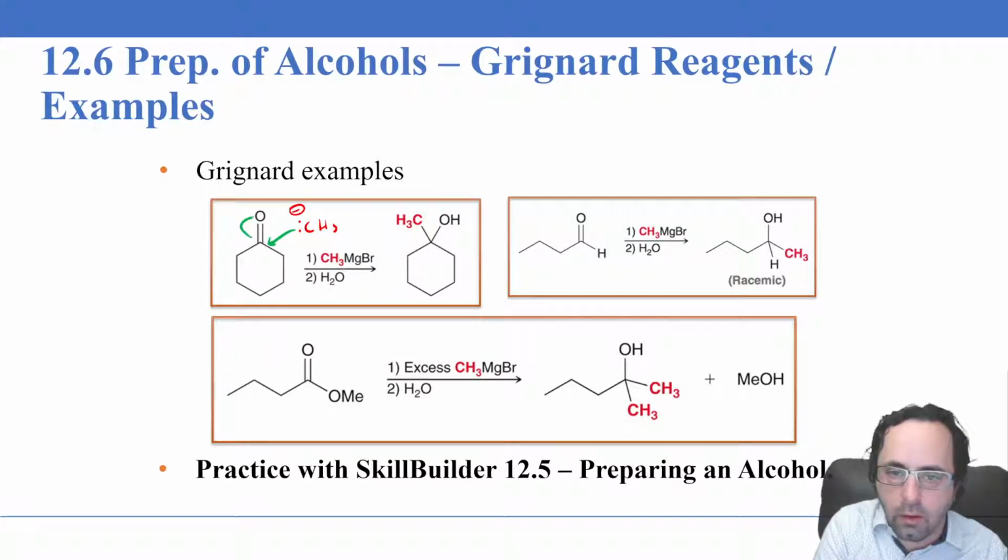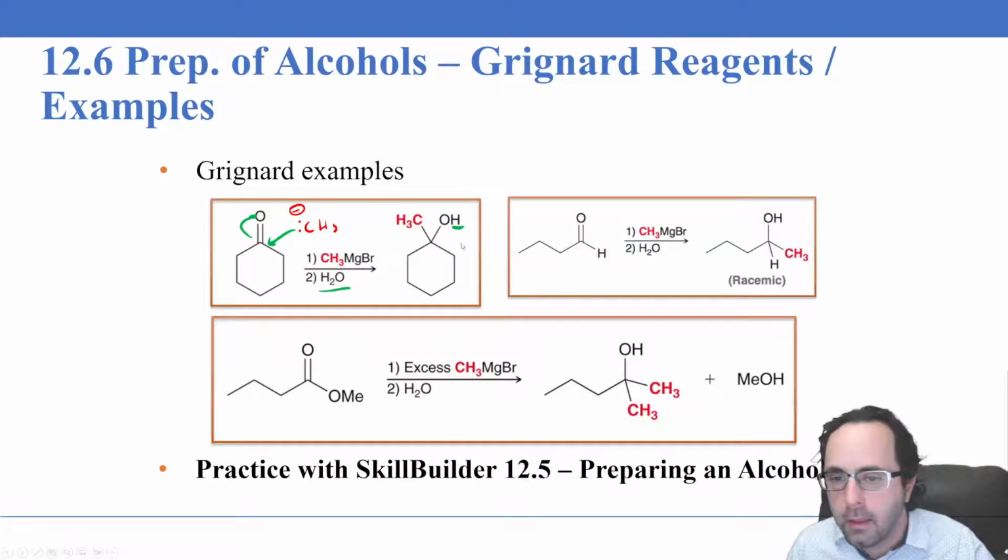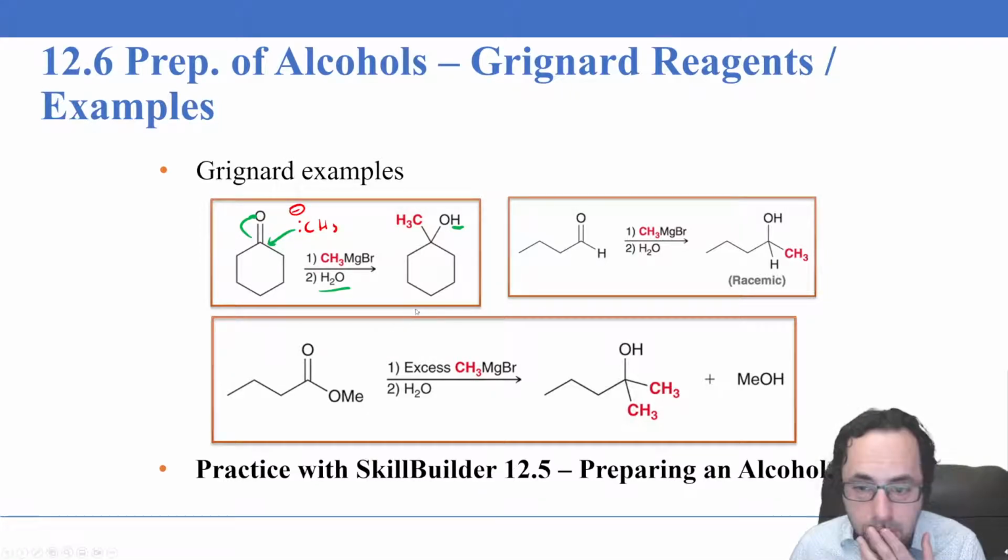Then this goes up, and we get this oxide ion, but then we work it up with water or something protic, and that will protonate it. That's the proton right here that came from the water. And so we have the alcohol, and we have one more carbon atom. Started with 6, now we have 7, right?